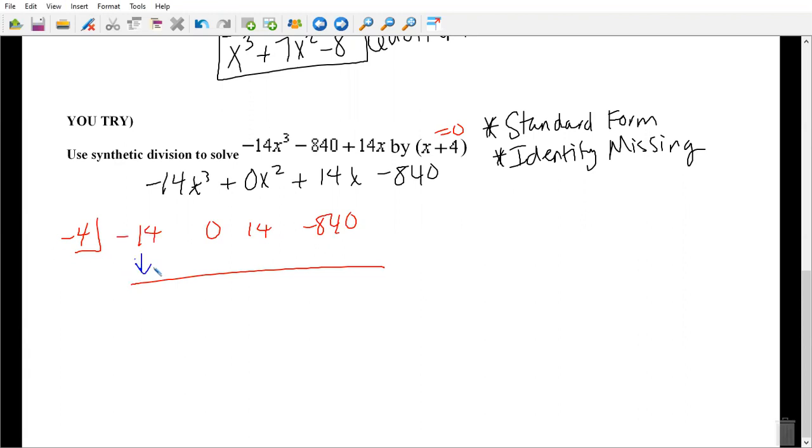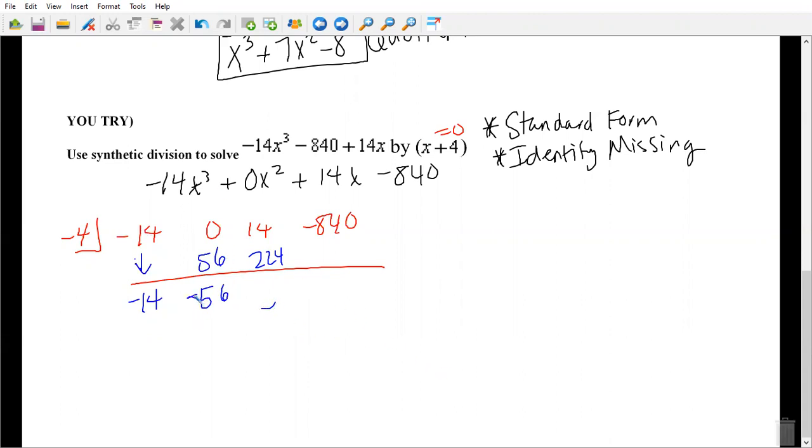I'm going to bring down negative 14. Negative 4 times negative 14 was 56. 0 plus 56 is 56. Negative 4 times 56 was what? 224. 14 and 224 made... I feel like I'm doing this wrong.